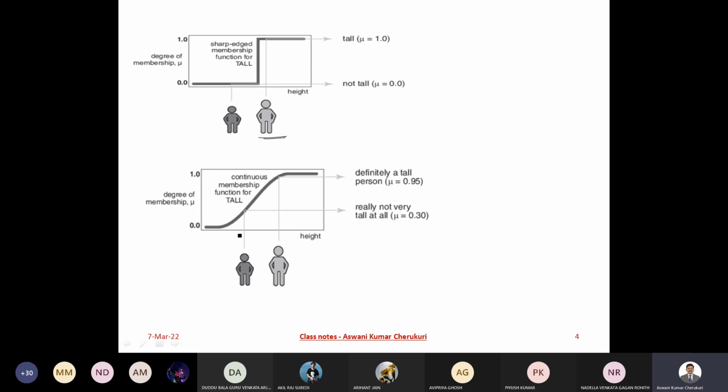But what fuzzy logic gives is graded values. Look at the graph on the figure given below.